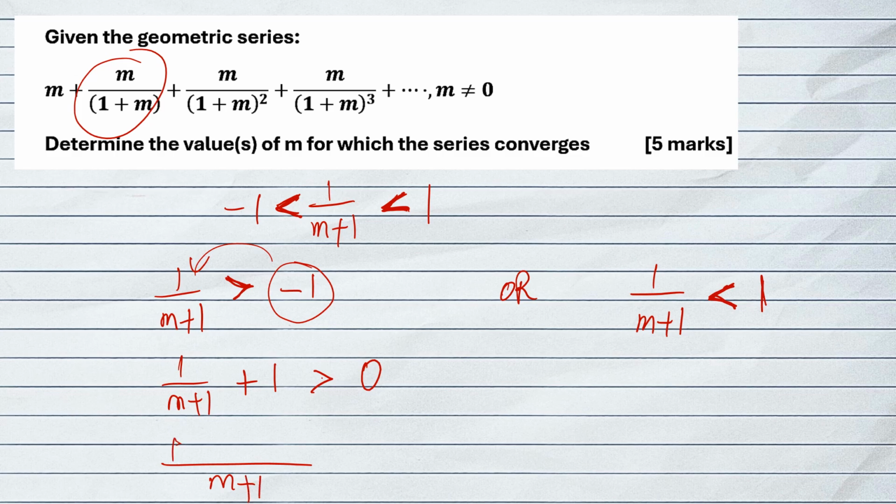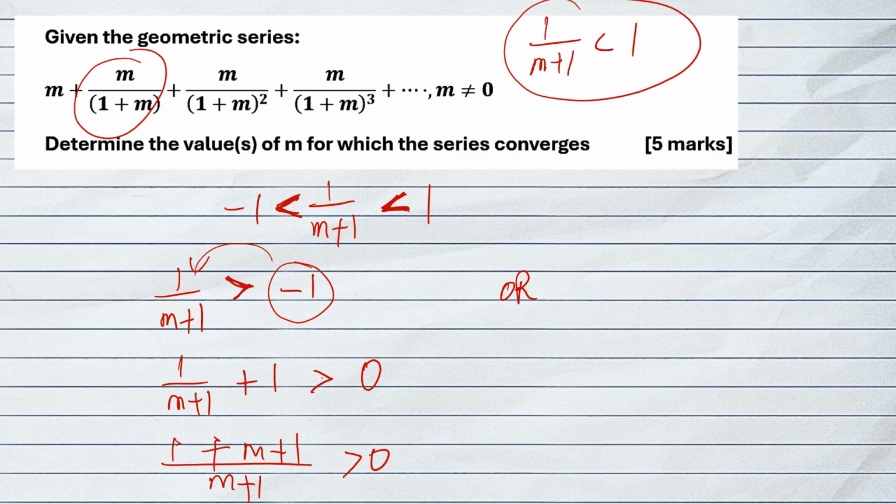Here you'll have 1 plus m plus 1 greater than 0. The other one, for less than 1, we'll do last. Let me continue with this. We have m plus 2, because 1 plus 1 is 2, over m plus 1, which must be greater than 0. We are going to look for those values of m.